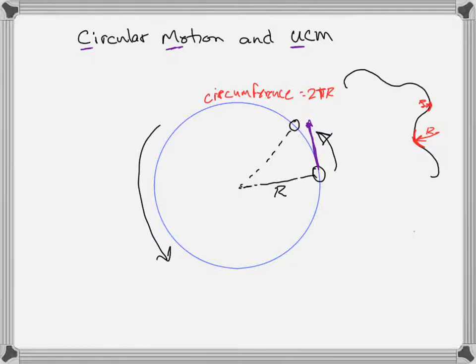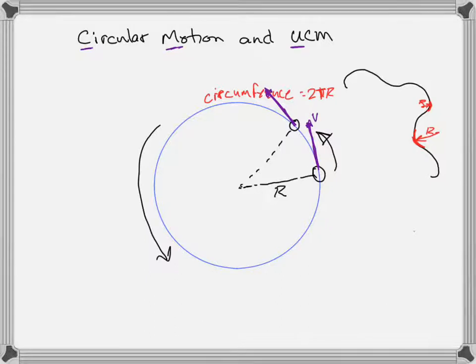And so its forward direction has changed, right? So its direction is changing. That means that since its direction is changing, its velocity is changing as it goes around the circle, because the velocity is both how fast it's going and the direction that it's going.